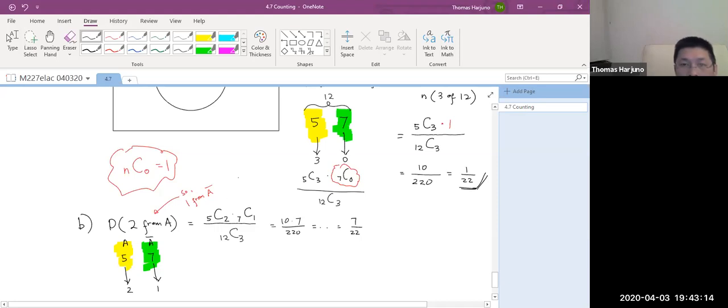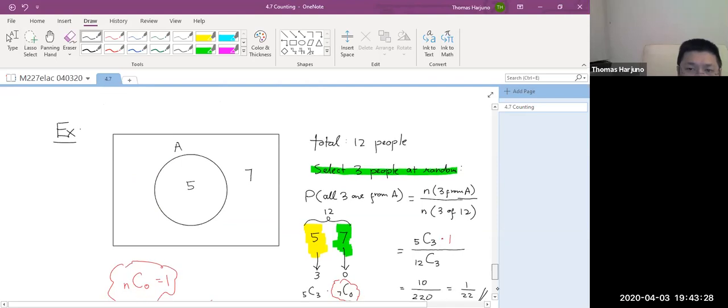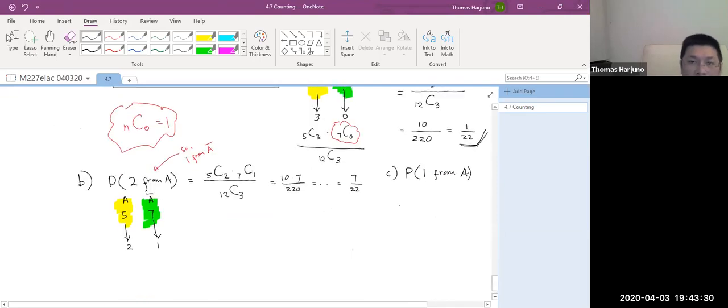Okay, you do the next problem. I'll give you maybe 2 minutes. Find the probability that I get 1 from A. So I still select 3 items, but I need to get 1 from A. Implicitly, how many not from A?